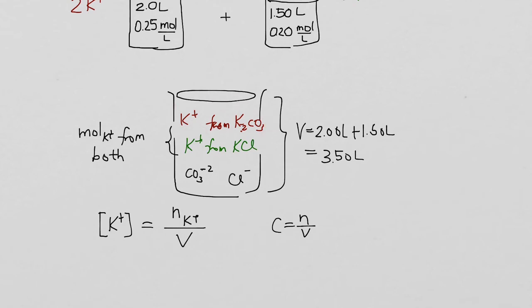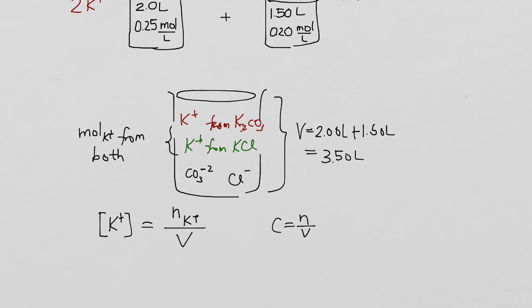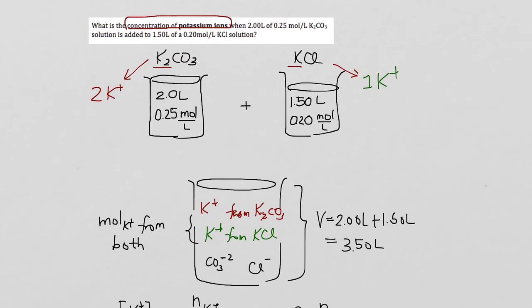Okay, so moles of potassium ions equal moles of potassium ions from K2CO3 and moles of potassium ions from KCl. If you look at moles of potassium ions from K2CO3, N equals C times V. But this is C times V of this solution.